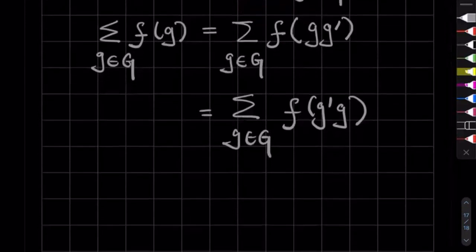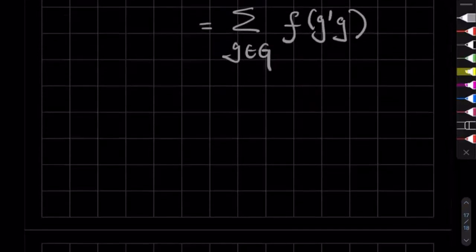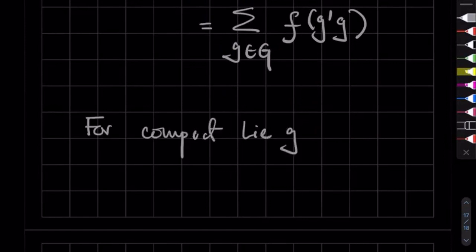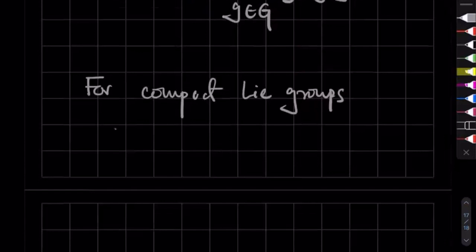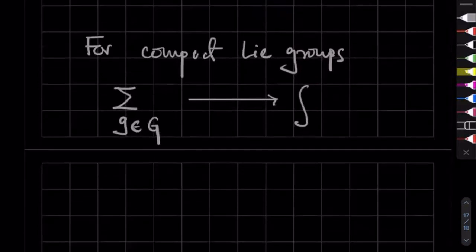So this can be generalized for compact groups, and I'm not going to give you the proof. And the idea is that for compact Lie groups, the sum over all the group elements can be replaced by a very nice convergent sum called the Haar measure.